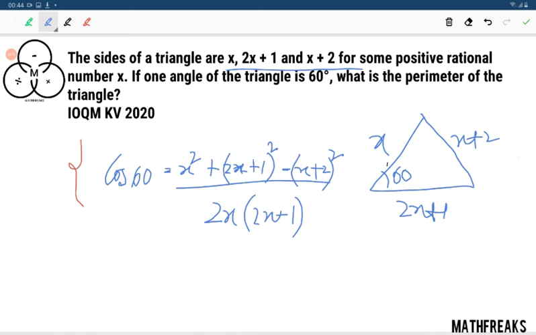Find out the value, you will get x equals 3 by 2, which implies that the sides are 3 by 2, 7 by 2, 4.